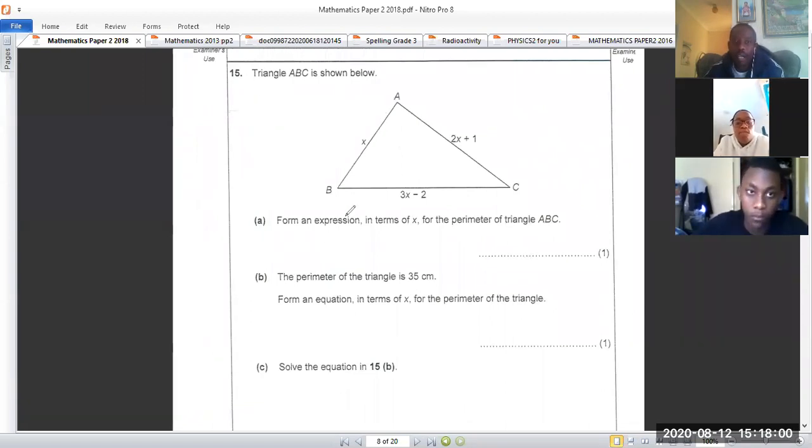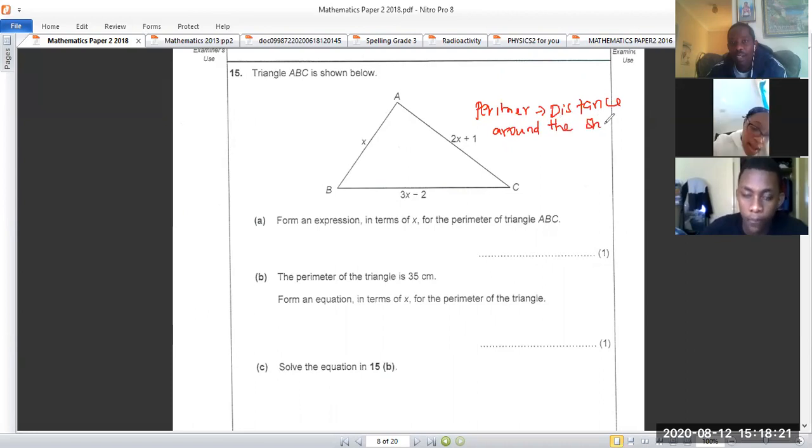The question says, form an expression in terms of the perimeter. Perimeter is the outline, the distance around a shape or outline.